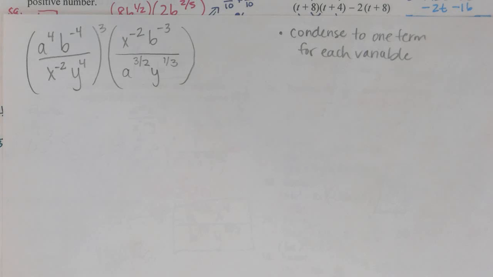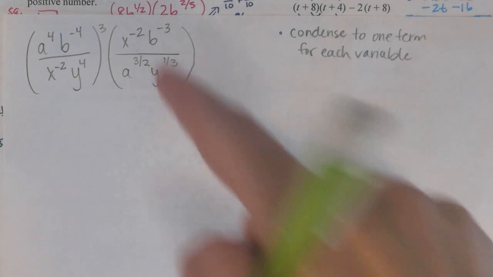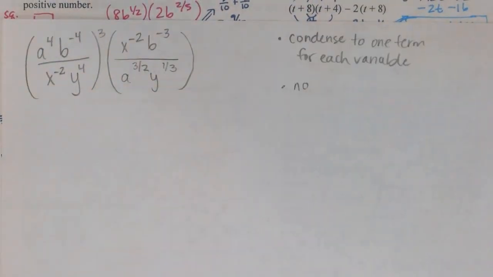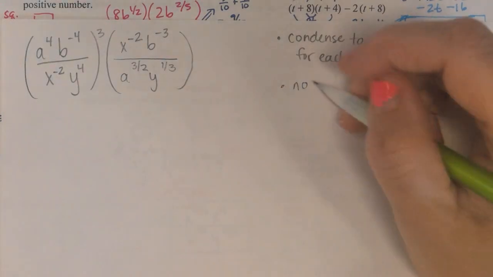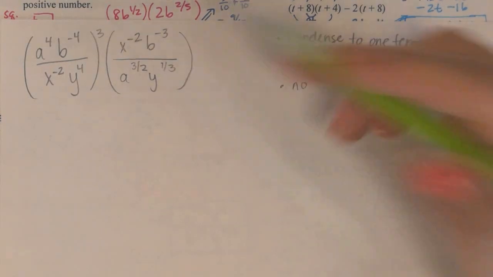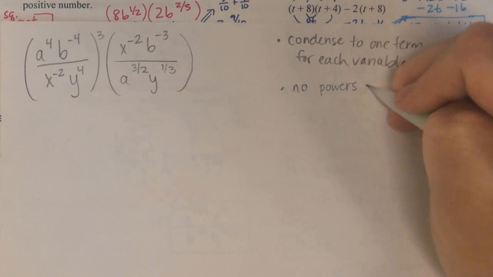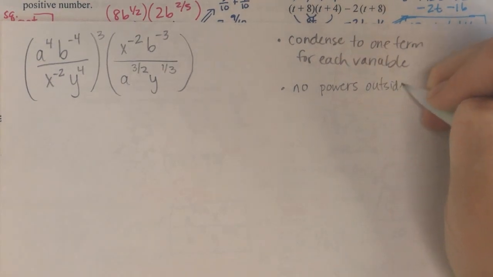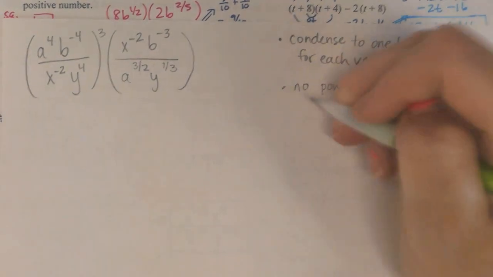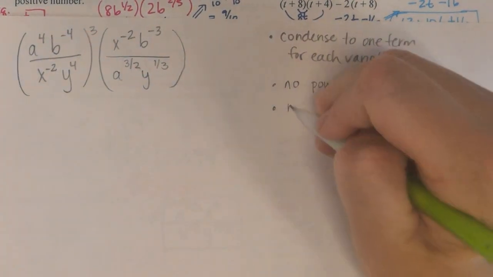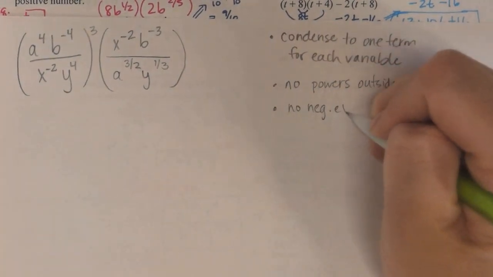You want one of each letter, okay? What's something else we have to do? Yeah, you don't want to have like the parentheses or a power. So like no powers outside of parentheses. One other thing. What type of exponents don't you want? Yes. So no negative exponents.